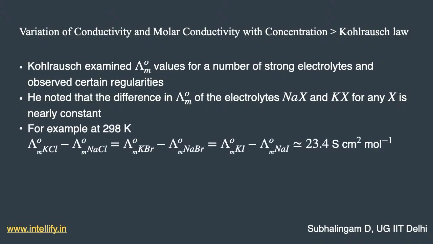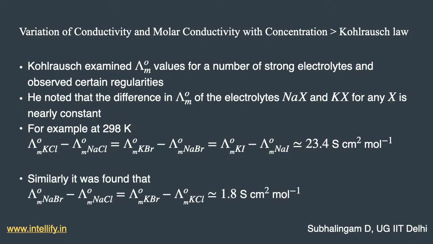For example, at 298 Kelvin, the difference in limiting molar conductivity of KCl and NaCl, of KBr and NaBr, and of KI and NaI is approximately 23.4 Siemens centimeter square mole inverse, and all of these are pretty much the same. Here we are comparing KX and NaX, where X is taken as Cl, Br and I.